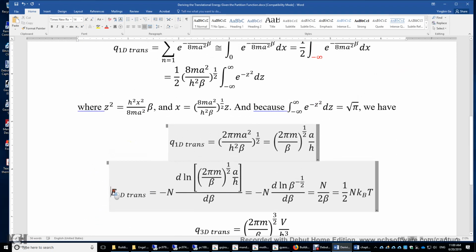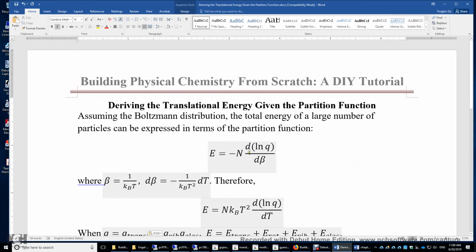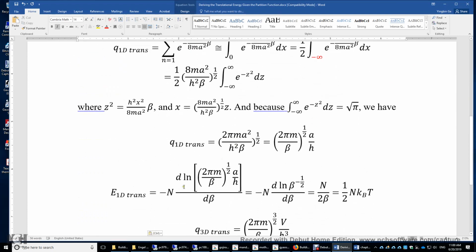Now, the energy of one-dimensional translation is equal to negative N times d ln q over d beta. So this is my q. Pay attention here, we are taking the logarithm of this thing, and this becomes the sum of ln beta to the power of negative half and ln of the square root of 2 pi m times a over h.